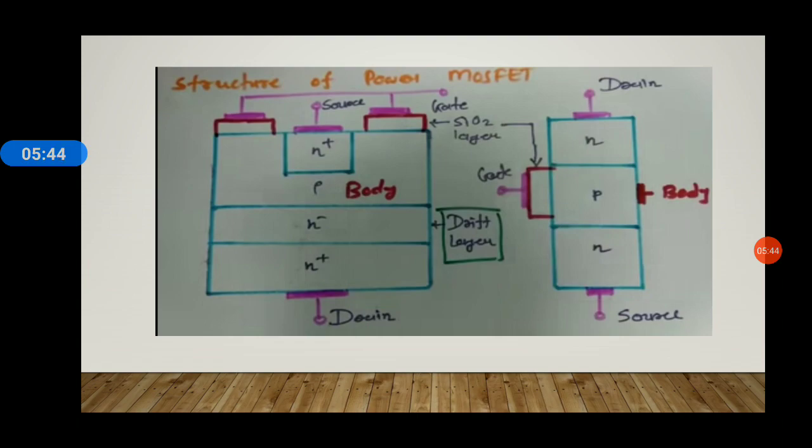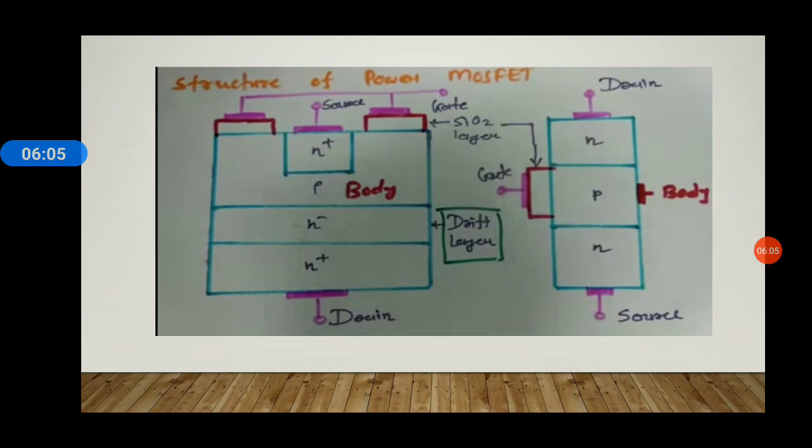This is the structure of power MOSFET. Again, this is a vertical structure, and the advantages of vertical structure I have already mentioned in case of power BJTs.